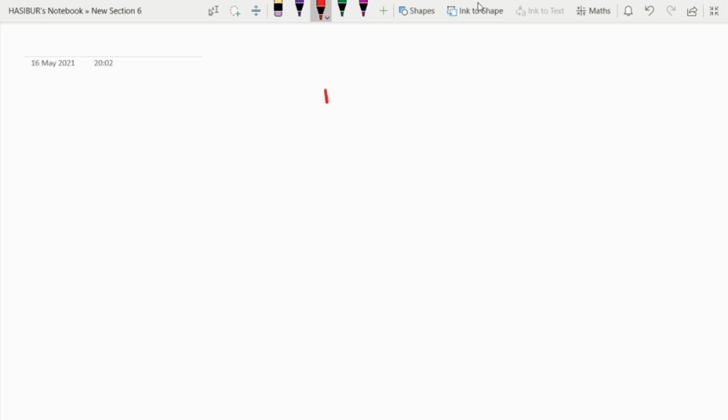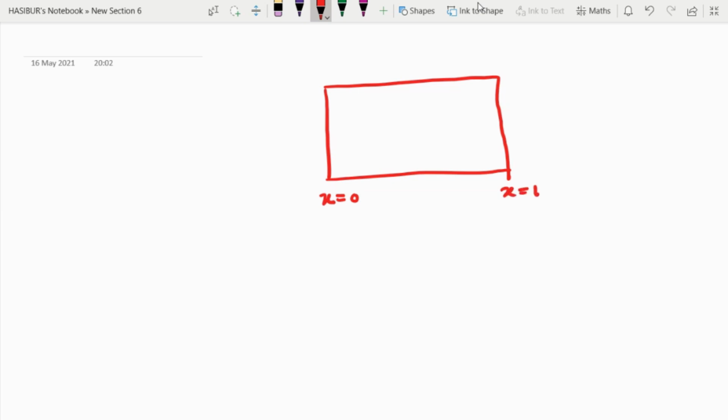Okay, let's draw a rectangular specimen of semiconductor material and let's consider it to be silicon. It has a length from x equal to 0 to x equal to L. As you all know, semiconductors are basically crystalline in nature in most cases.